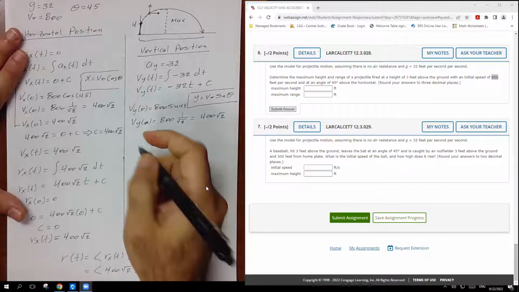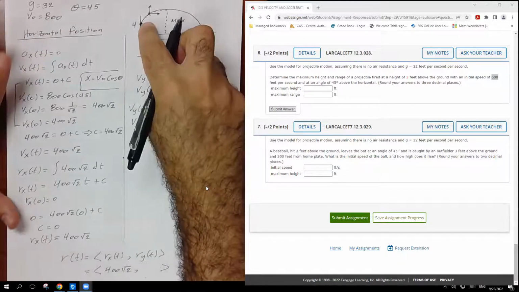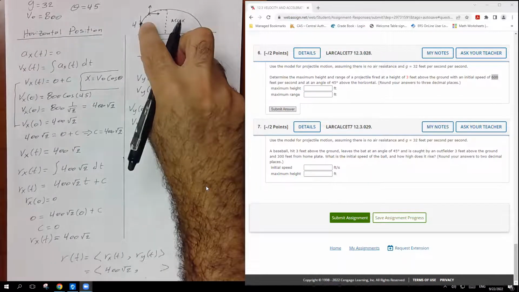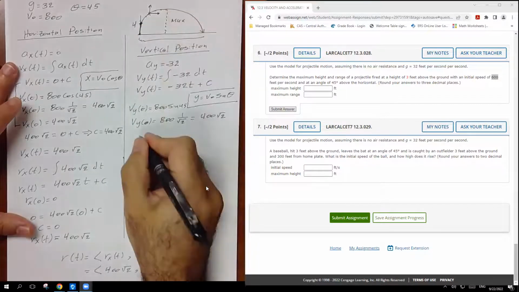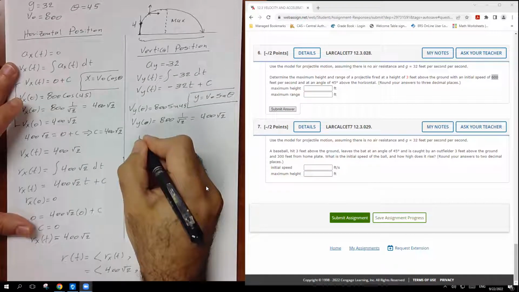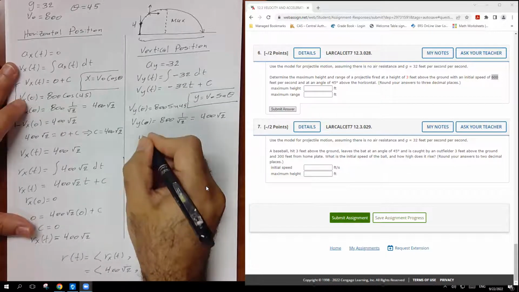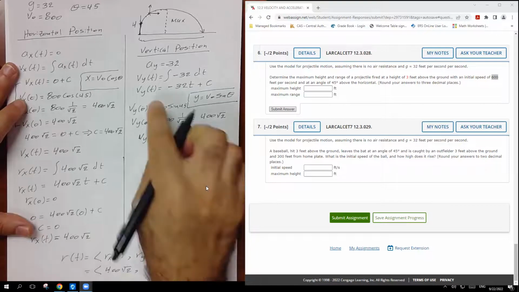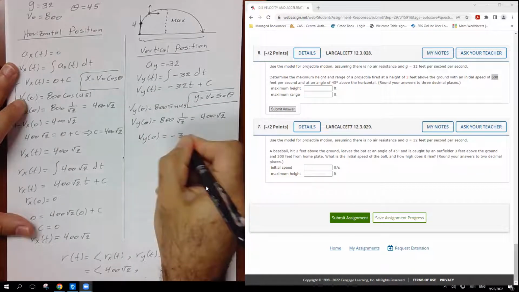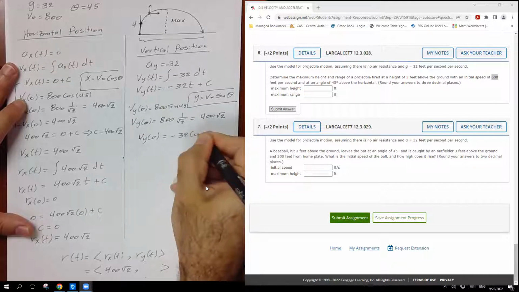At the first point, it's the same thing as before. So v sub y at 0 equals, plugging in here, negative 32 times 0 plus c.